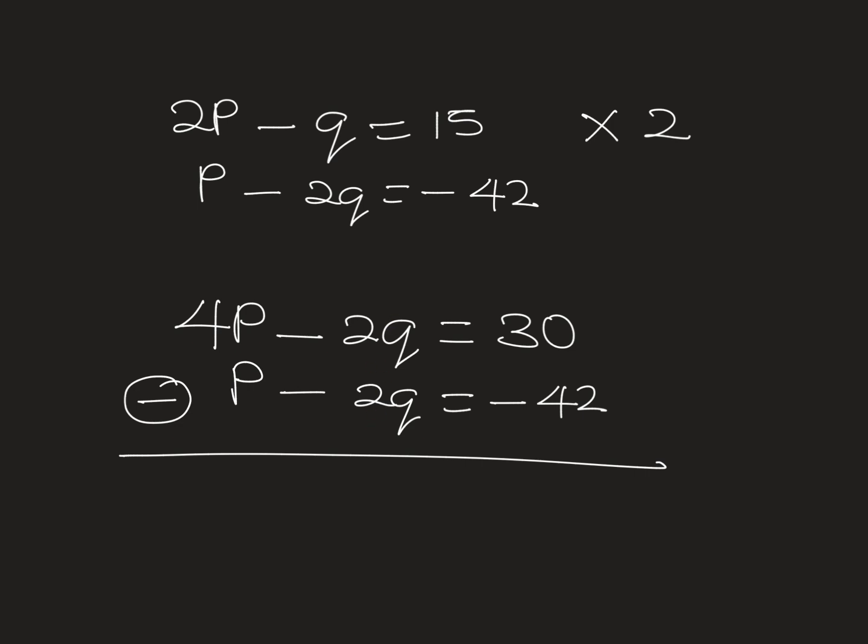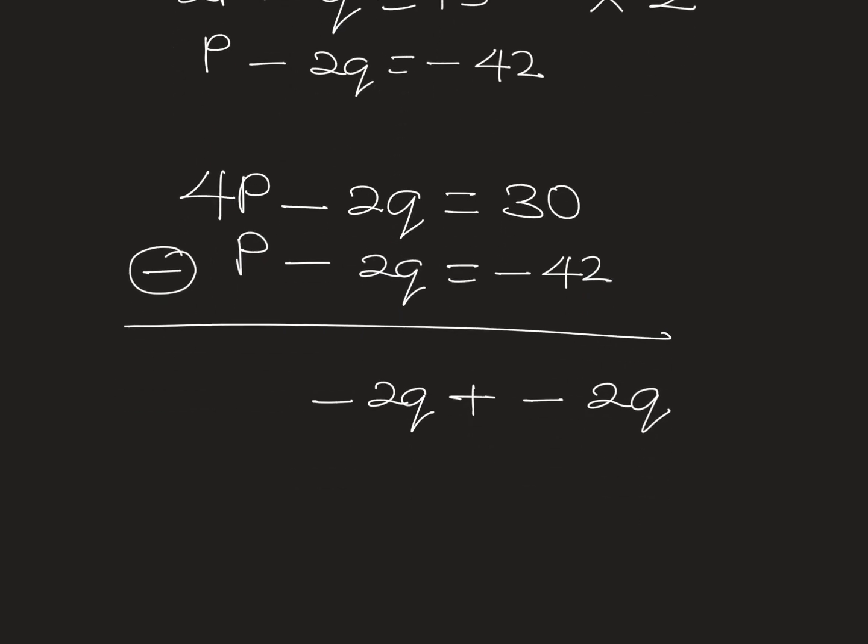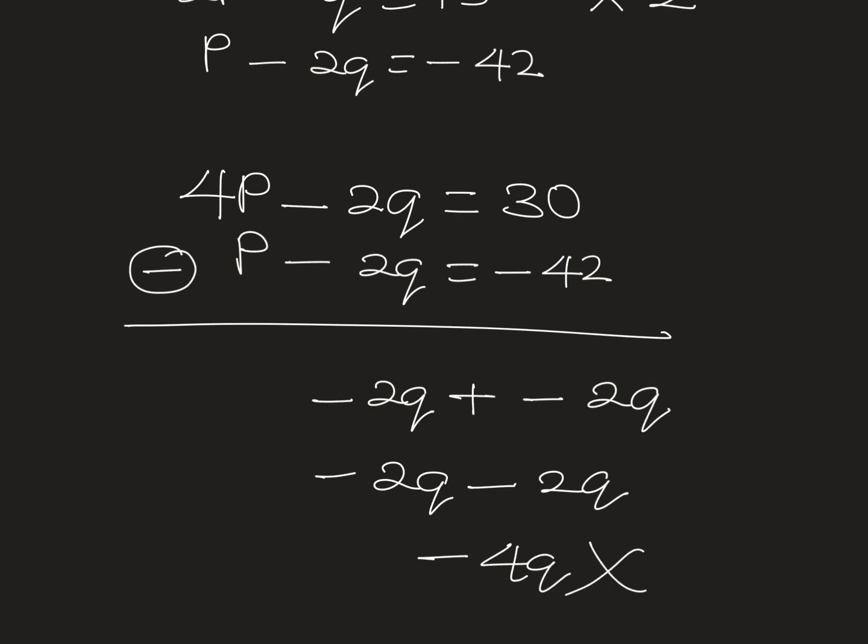If at all I use positive instead, that will be minus 2q plus minus 2q, which would be minus 4q, so that would not be correct. We will not be able to cancel q.